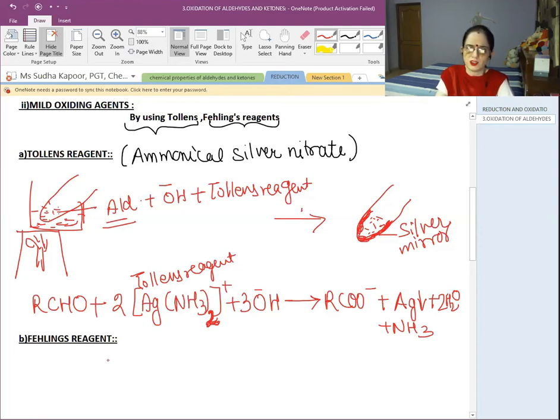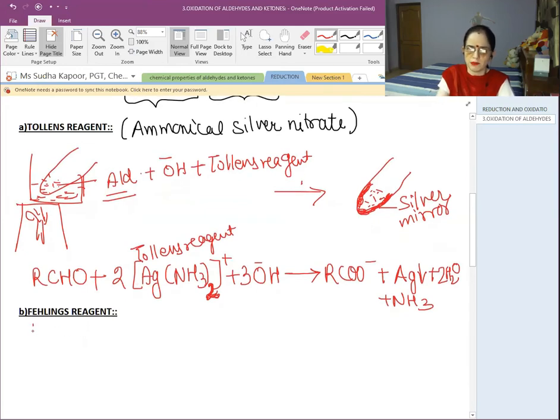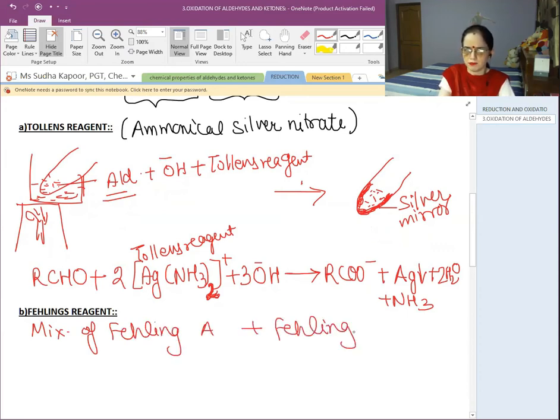Now, coming to Fehling's reagent. Fehling's reagent is actually a mixture of Fehling A and Fehling B. Fehling A is aqueous copper sulfate.